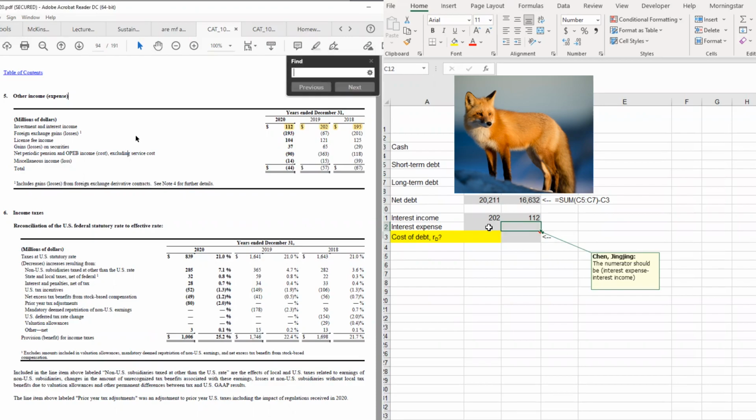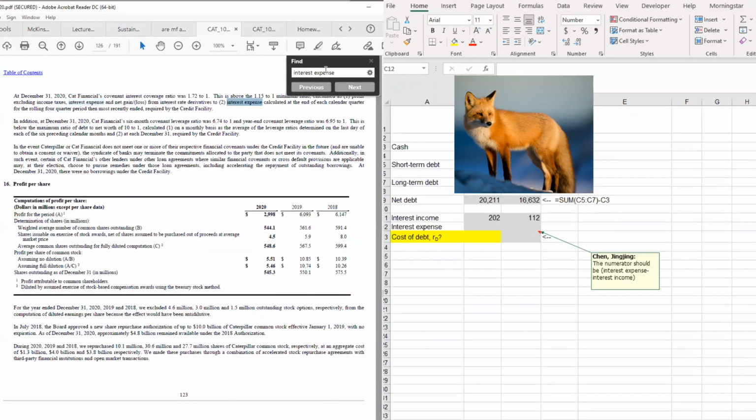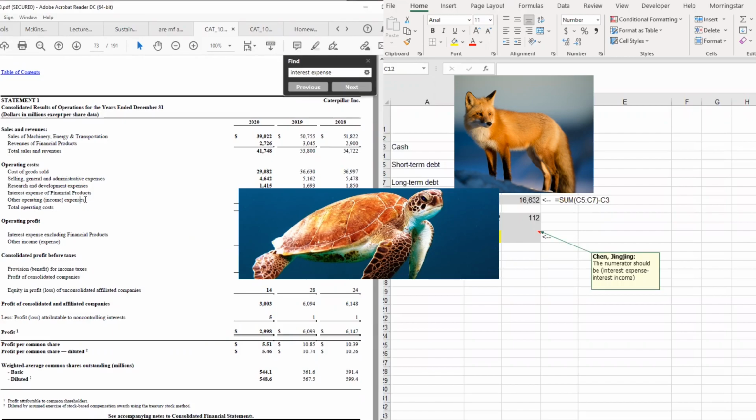One thing that you can do is simply search the words here. It is located under the income statement. For CAT, it puts it under the operating costs. So I'm going to extract these two numbers here.